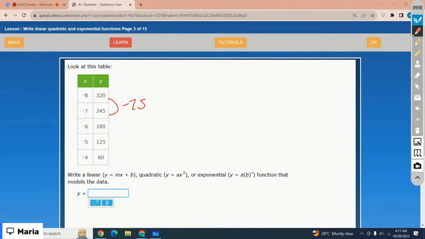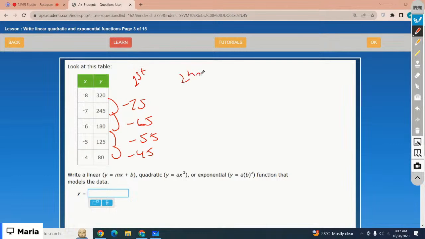Okay, 180 minus 245 is -65. 125 minus 180 is -55. 80 minus 125 is -45. See, first difference is not common.